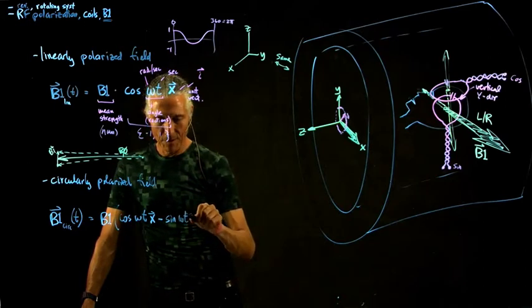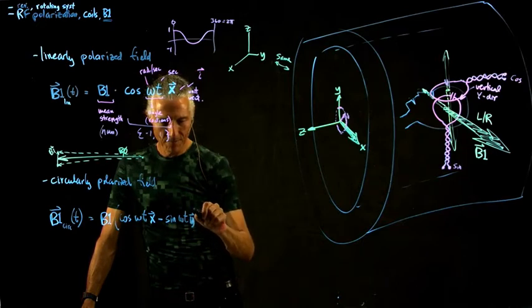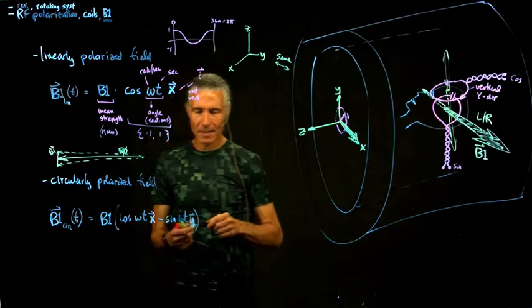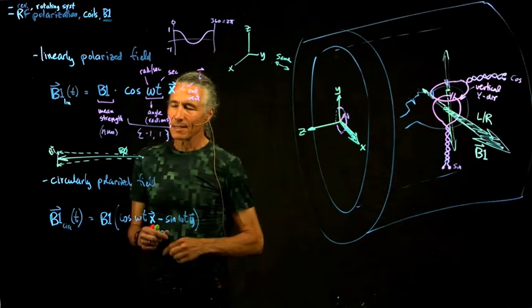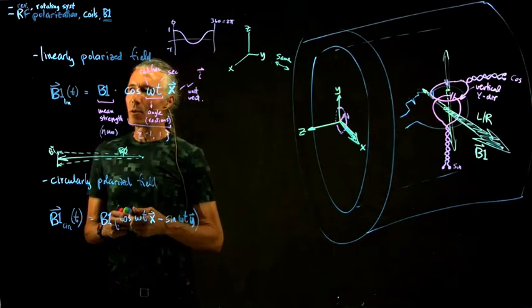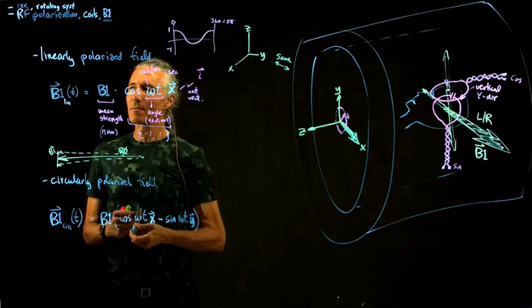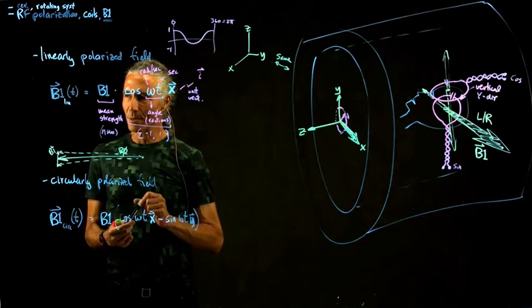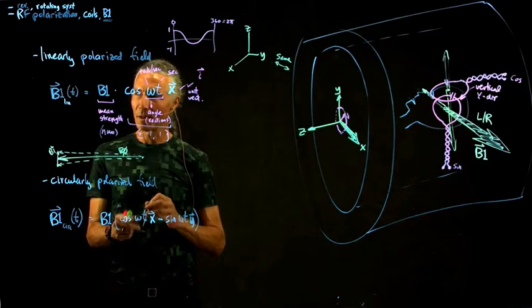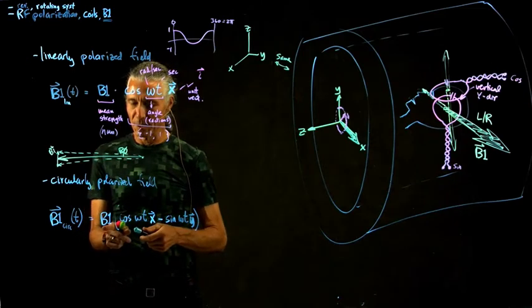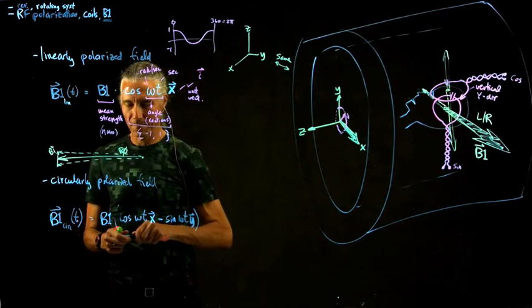You'll see what the difference between a minus and a plus is, times the y unit vector. So that's basically a rotating B1 field that stays the same length all the time, which is determined by this B.